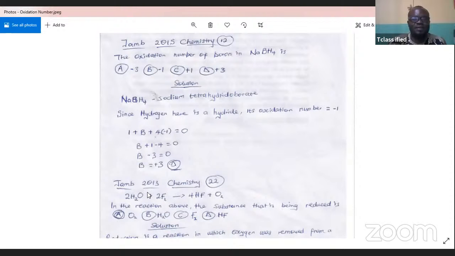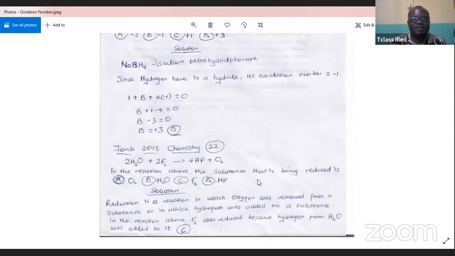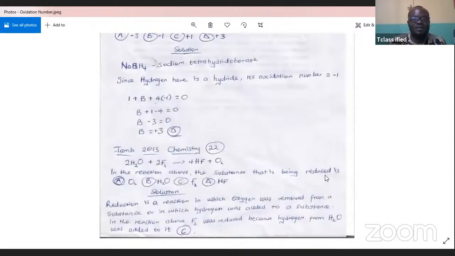And in this one, we are asked, in the reaction above, the substance that is being reduced is what? So we know that reduction is simply the addition of hydrogen. You can see that this fluorine here that was on its own on the reactant side now has hydrogen. So that means it has been reduced.